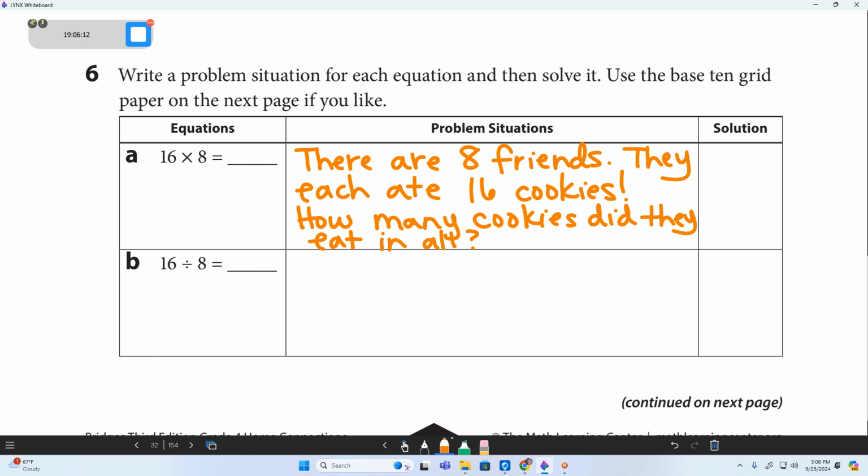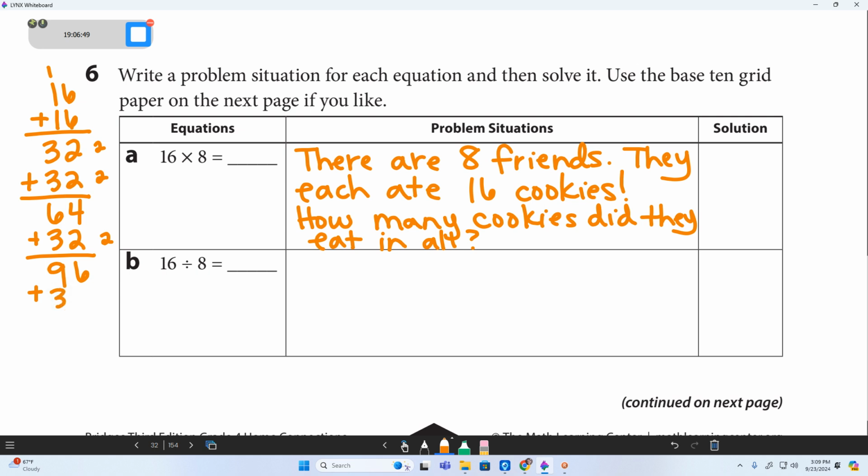All right, so let's figure out the answer. 16 times 8. There's kind of like a double thing that you could do. But 16 times 8, that means we need to do 16 8 times. I'm going to do 16 2 times. So 32, that's 2 of them. Another 32 would be another 2 of them, and I need to do it 8 times.